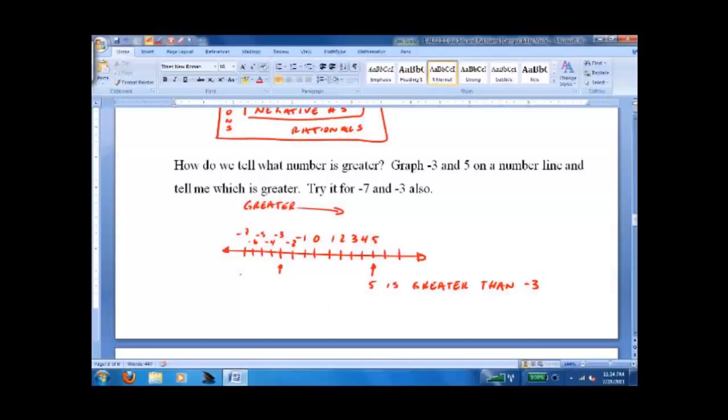Because that one can be very confusing. Therefore, -3 is bigger than -7. Again, once you practice, you get pretty good at it, but it's handy to have a number line the first few times you do it.